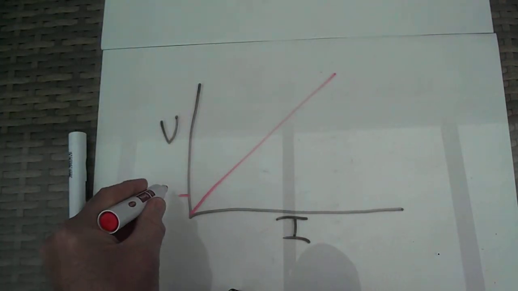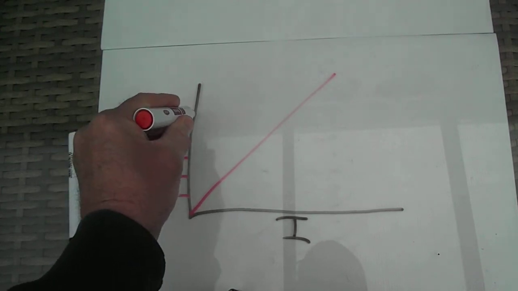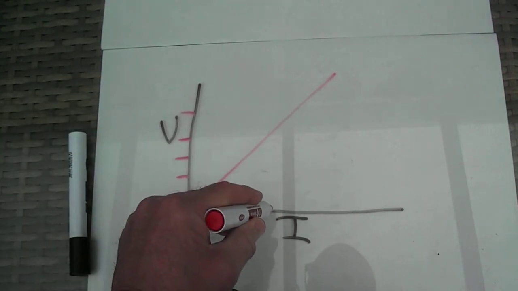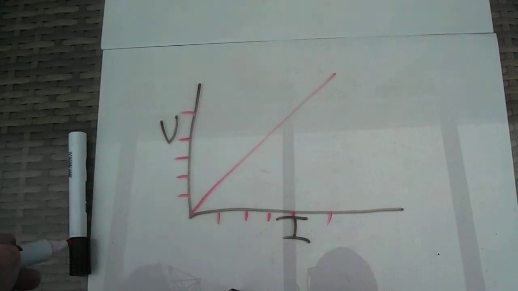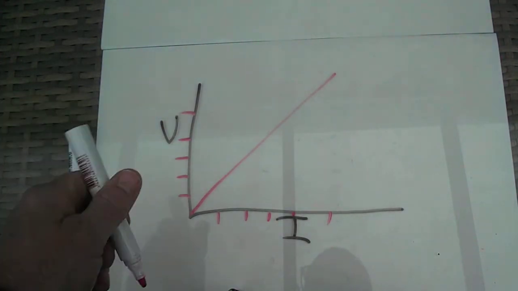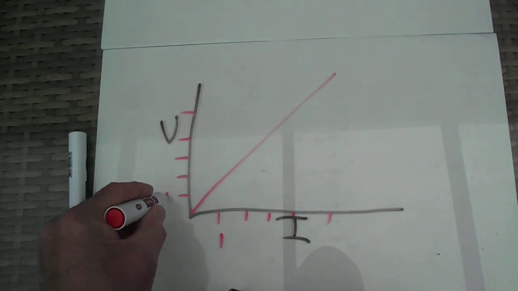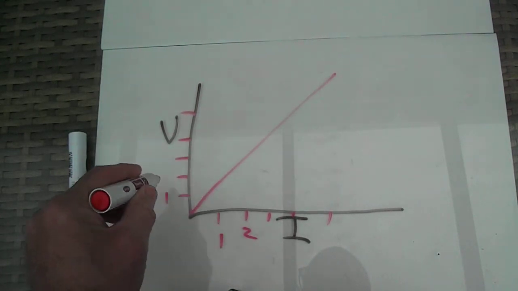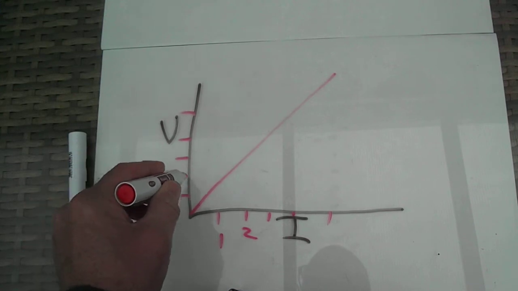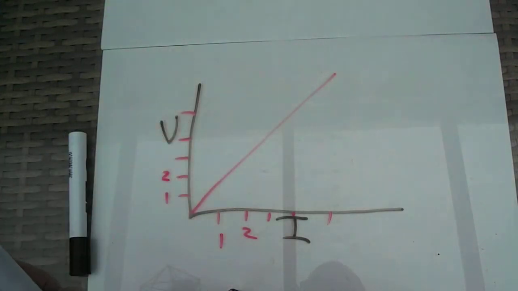And if I have 1, 2, 3, 4, 5 volts up there, 1, 2, 3, 4, 5 amps along there, what we'll find is this: if I have 1 amp here, 1 volt there, 2 amps there, 2 volts there, we can see that this is in proportion.